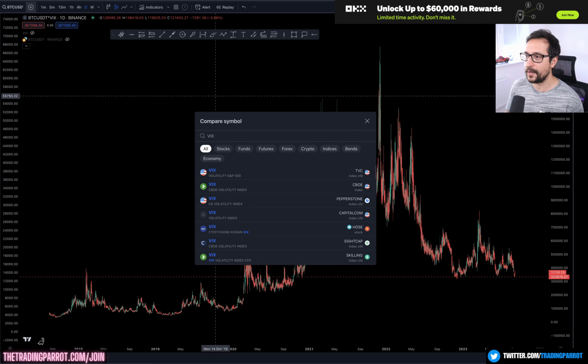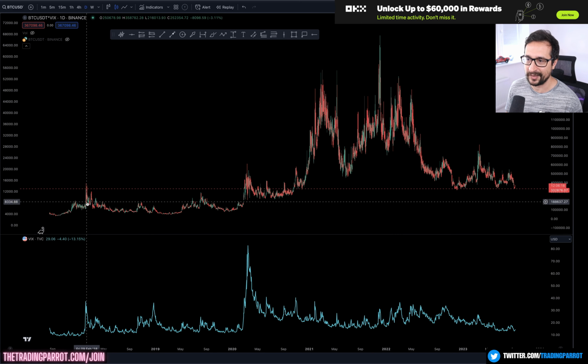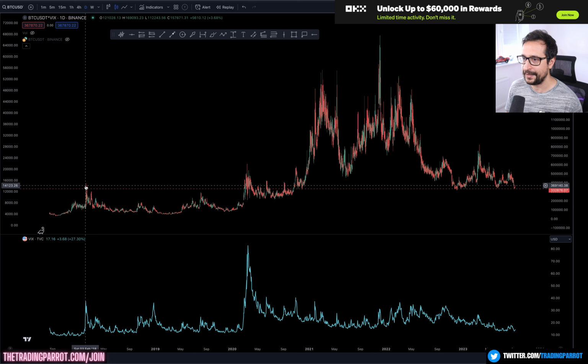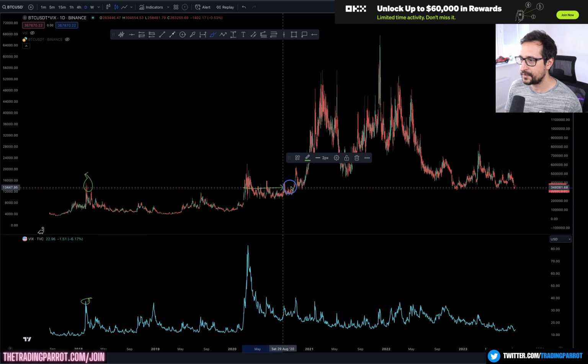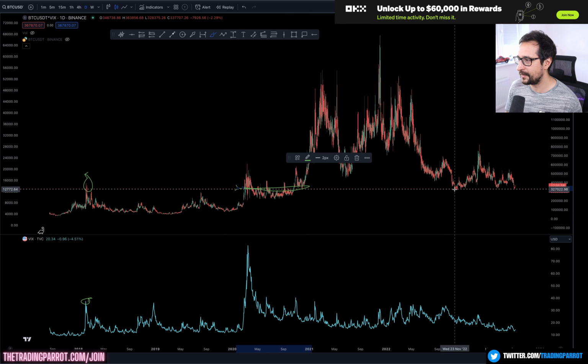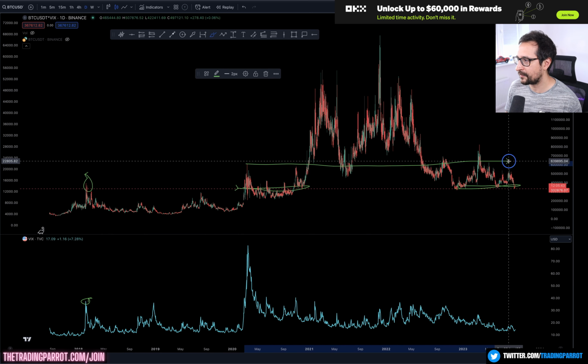Let's bring the VIX in a separate pane, and you're going to see that once this pushes, it's actually influencing the price and pushing the price higher. But interestingly, that creates enough significance in such a way that it becomes relevant throughout the whole history that is about to come for Bitcoin. The same thing is happening around these levels.